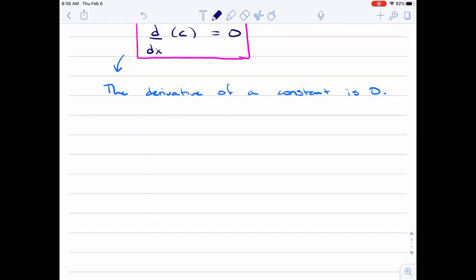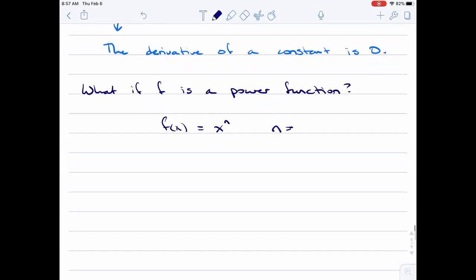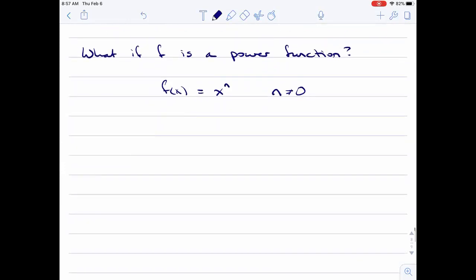What if f is a power function? So f of x is x to the power of n, and we'll say n is not 0, because otherwise it's not very interesting. We can consider x squared, x cubed, x to the 4th, just to get some idea of how this behaves.